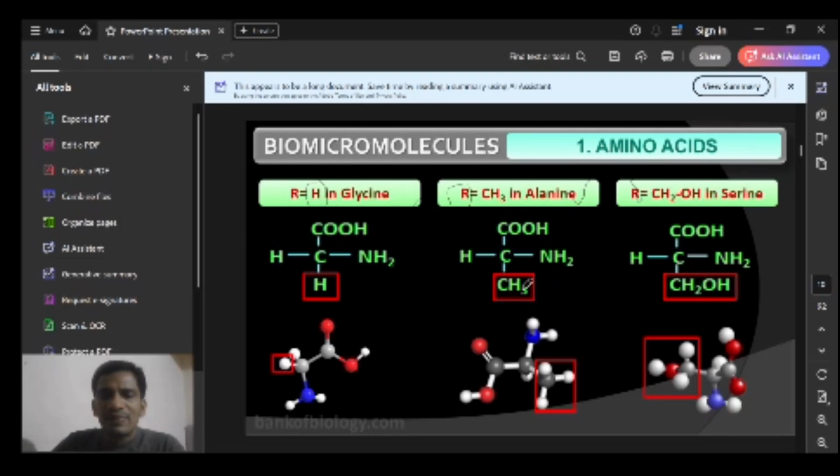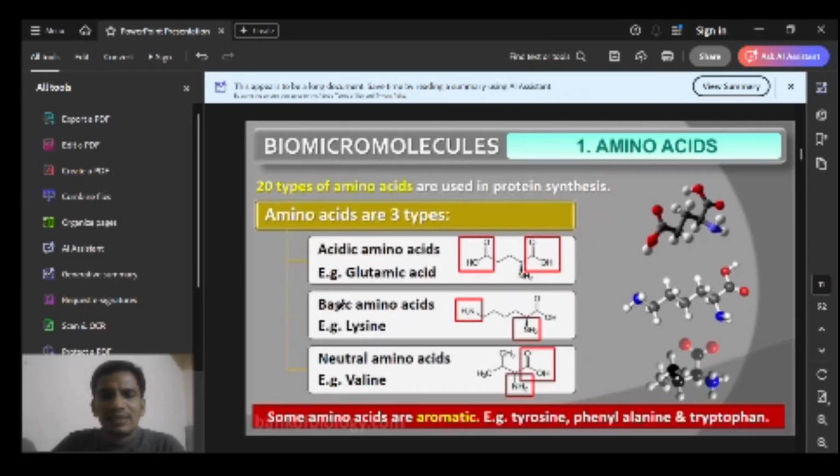Generally, 20 types of amino acids are present, and these are all involved in protein synthesis, right? Amino acids are of three kinds: acidic, basic and neutral.